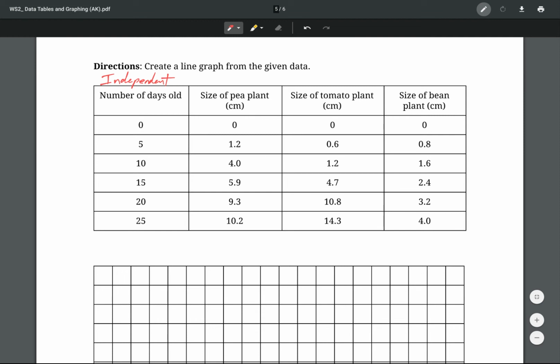And then the dependent variable is actually all of these things. And so instead of writing down the size of the pea plant or the size of the tomato plant, I'm going to try to summarize all three of these columns as just the size of plant. Because then we can be specific about what type of plants they are later on in our graph creation.